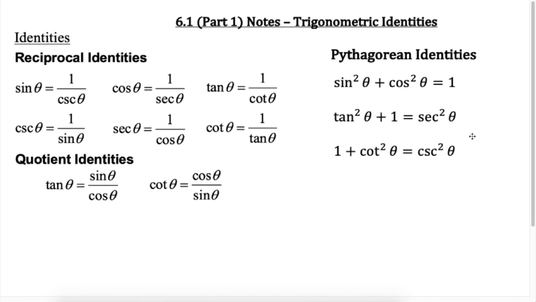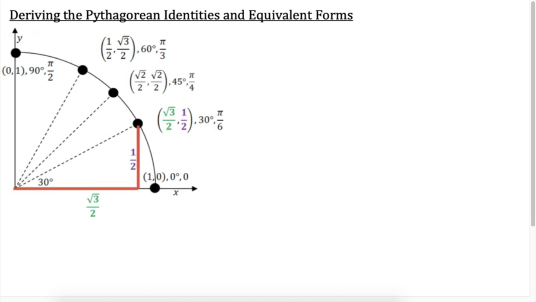Some other forms of that, which I'll show you how we derive in a second, are tangent squared plus 1 equals secant squared, and 1 plus cotangent squared equals cosecant squared. So the goal of this section is going to be to use these identities to simplify and manipulate expressions and equations. So first, let's discuss where these Pythagorean identities come from.